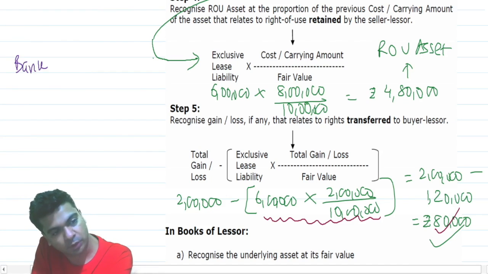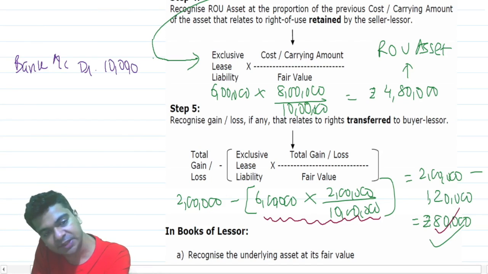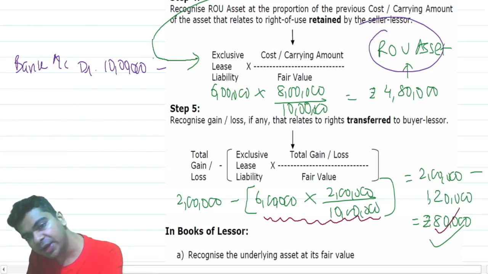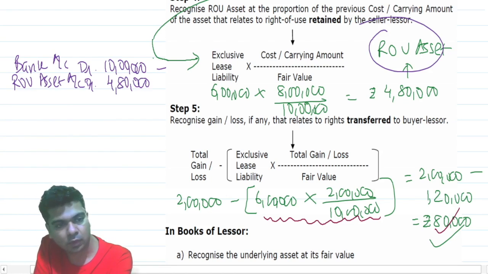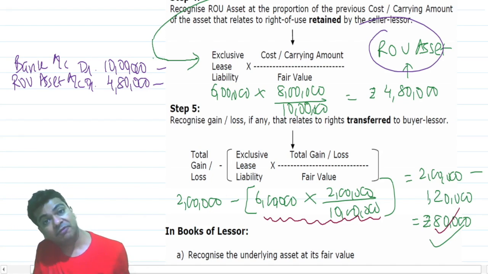So bank account will be debited by us for 10 lakhs, right? Then we have to incorporate an ROU asset. So ROU asset, I debit by 4,80,000.